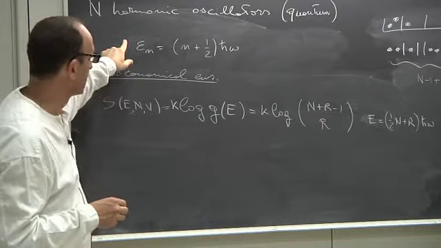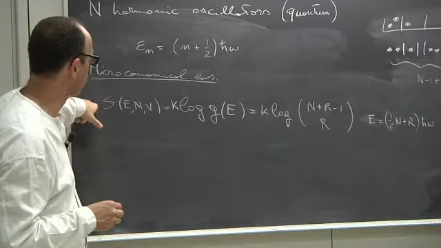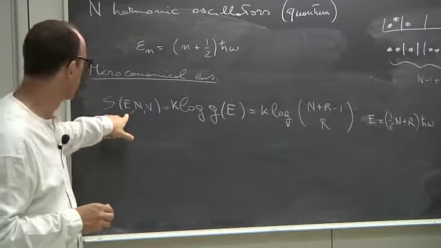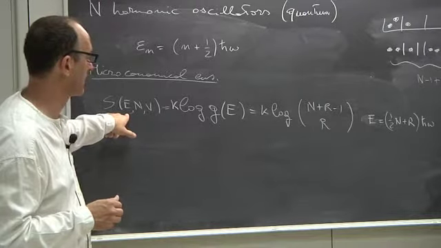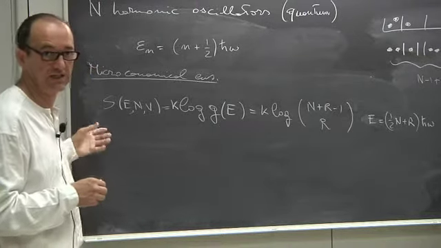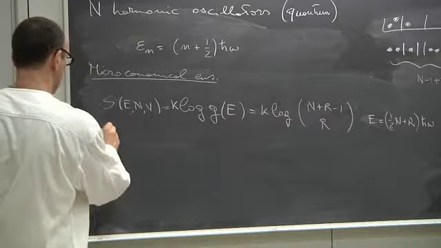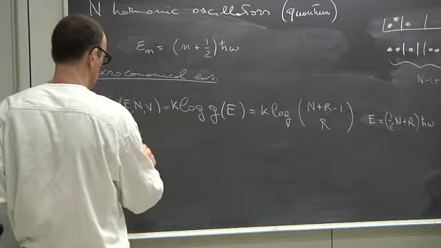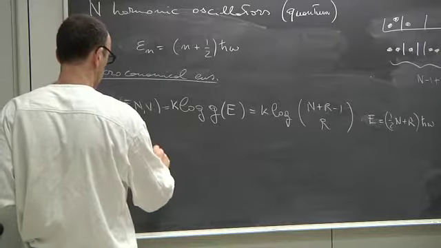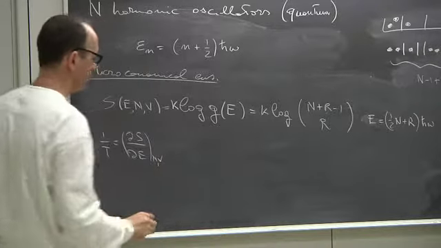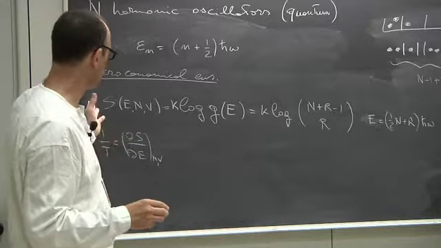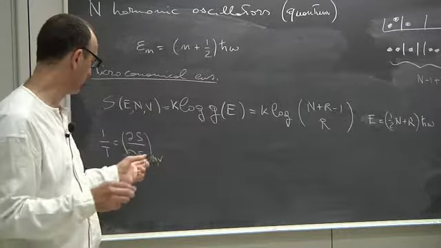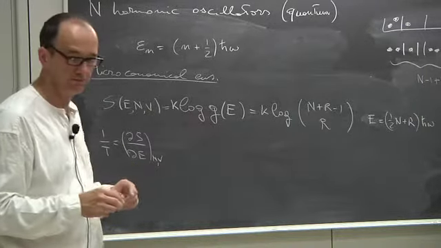Here you have the entropy as a function of the energy. So you should compute the temperature in the microcanonical ensemble by 1 over T equals dS dE. So take the derivative here with respect to the energy.